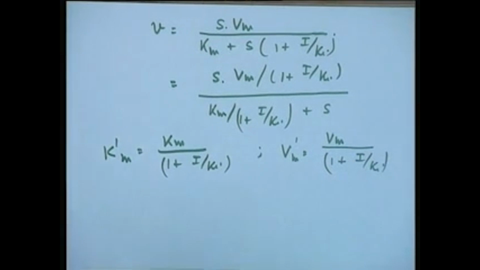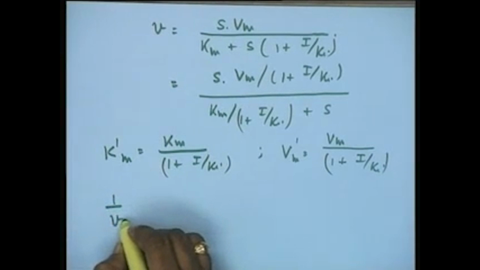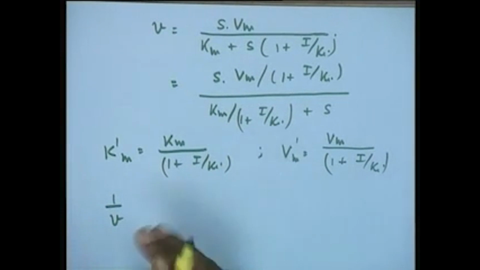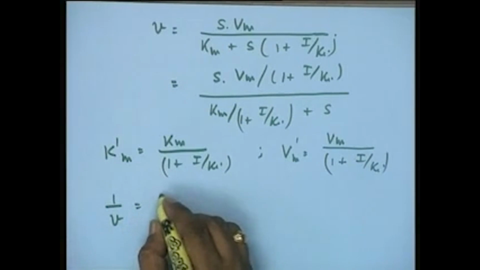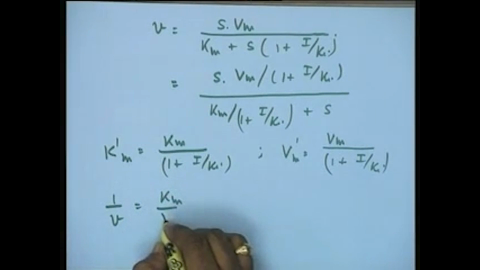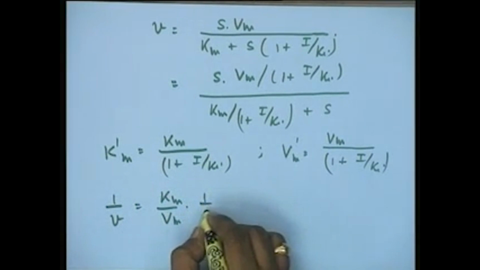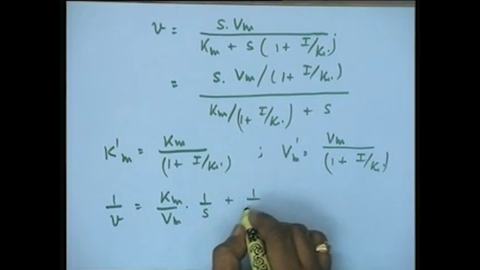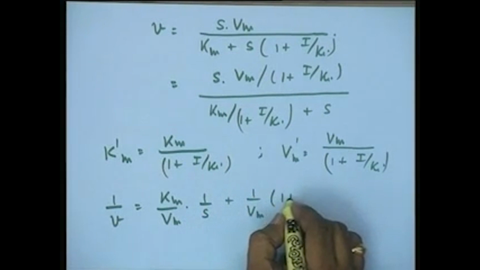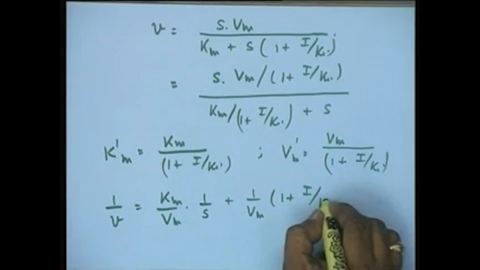Both the parameters are reduced by a factor of 1 plus I over Ki, and the double reciprocal plot in the presence of an uncompetitive inhibitor will be Km over Vm into 1 upon S plus 1 upon Vm into 1 plus I over Ki.